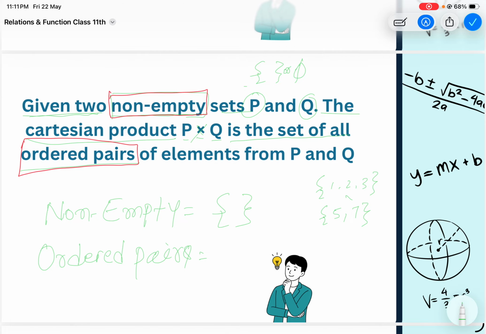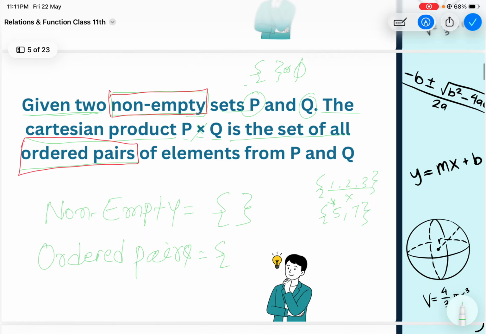If we do the multiplication between these two, the ordered pairs will be: first we take all the elements paired with 5, so it will be 1 comma 5, then 2 comma 5, then 3 comma 5, right?